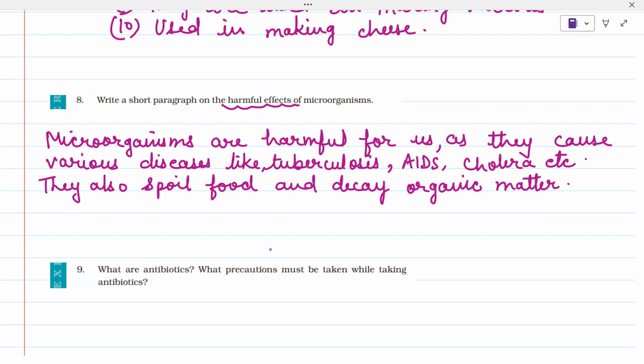So all these diseases, spoilage of food, decay of organic matter, all these things are not very useful for us. That is why we are keeping it in the harmful effects of microorganisms, right?